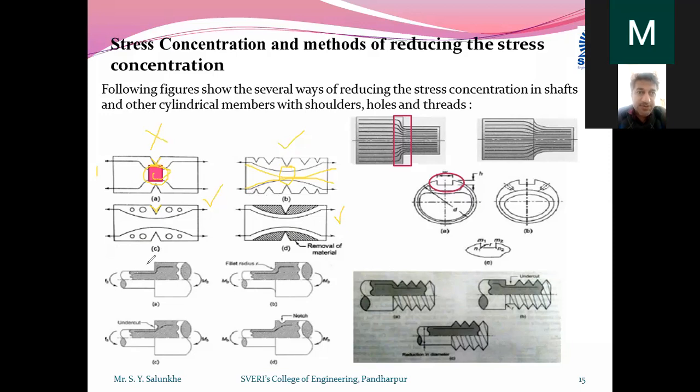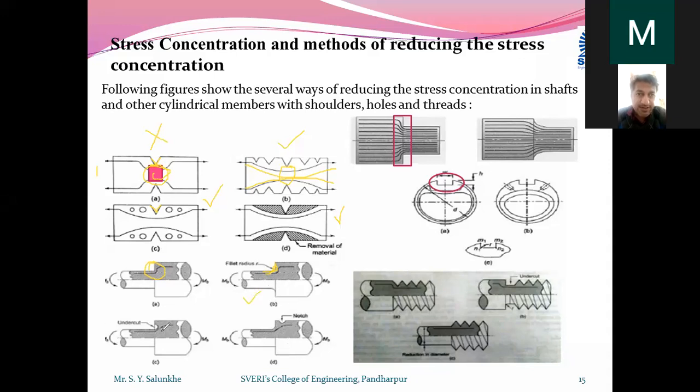Then this example shows that instead of having a sharp 90 degree curve, if you make a smooth curve instead of 90 degrees, then the streamlines will also become smooth and it will help to reduce the stress concentration.